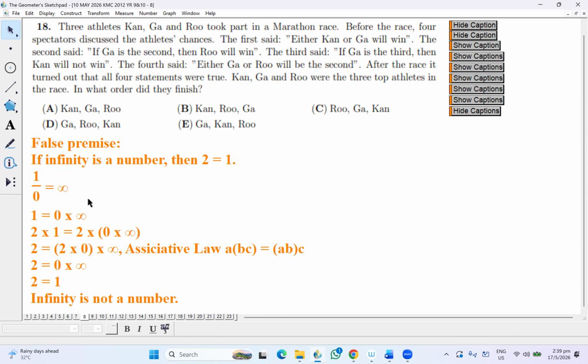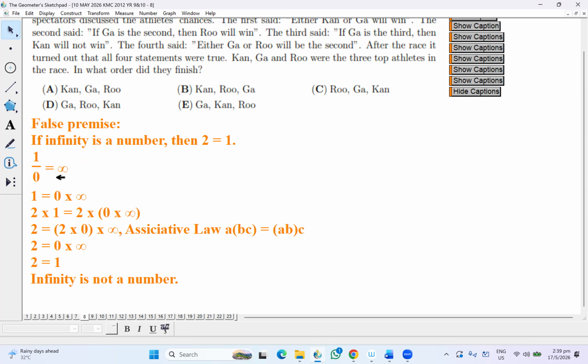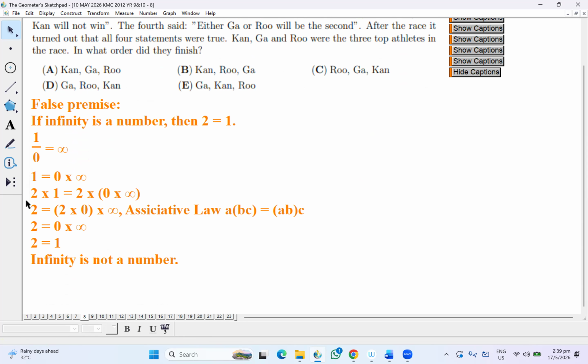If 1 over 0 is infinity, because infinity is a number, you can divide by 0. So you cross multiply, 1 equals 0 times infinity. Then 2 times 1 equals 2 times 0 times infinity, because they are equal, both sides can multiply by 2, still equal. Then 2 times 1 is 2.